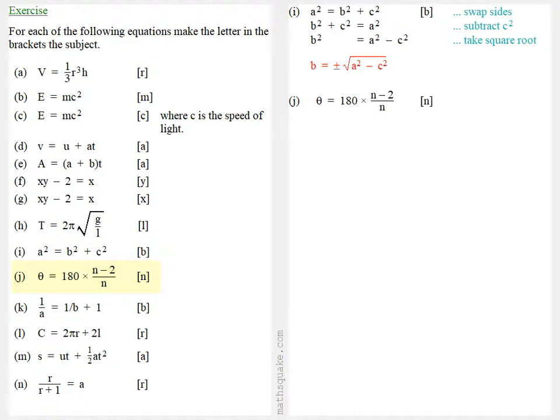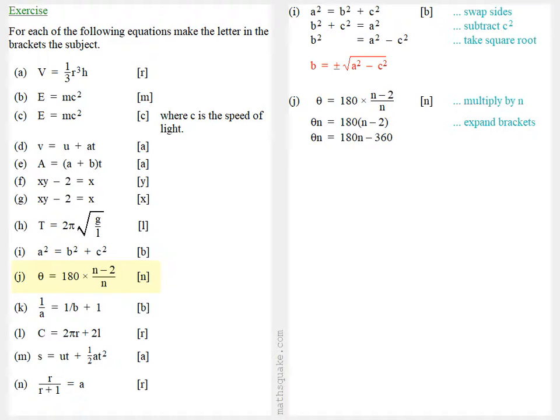For question J, we want to make n the subject of theta equals 180 times (n minus 2) over n. Well, to get rid of the fractions, we'll start by multiplying by n. And that gives us theta n equals 180 into (n minus 2). Well, now let's get rid of the brackets.